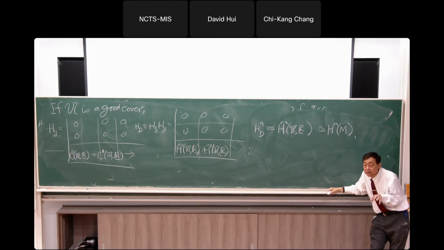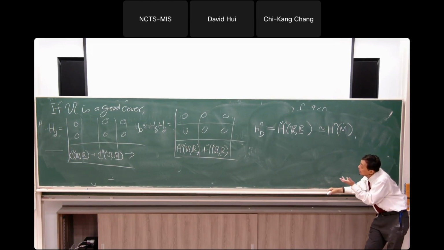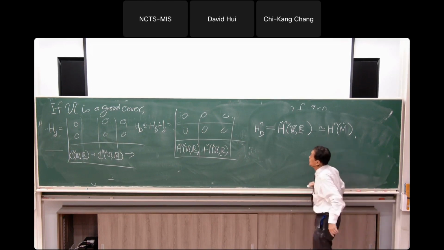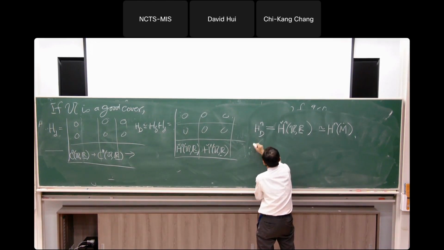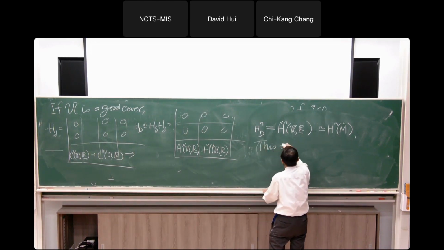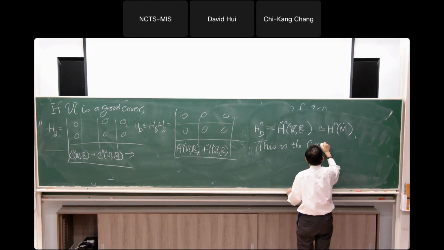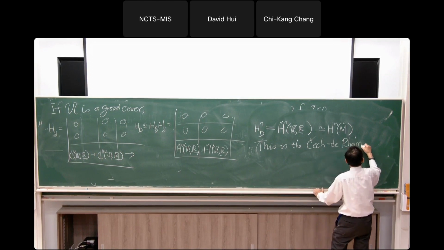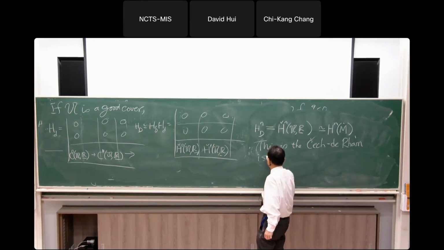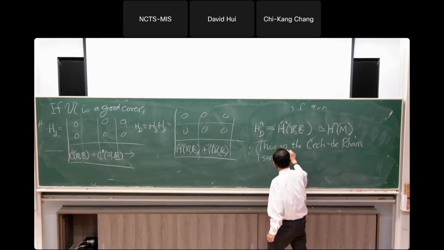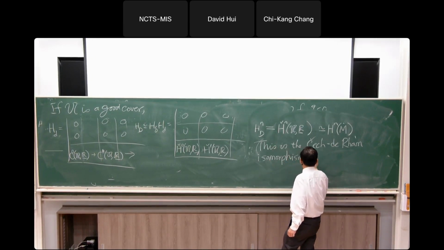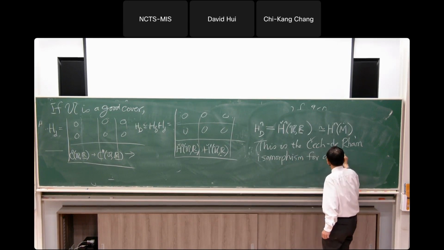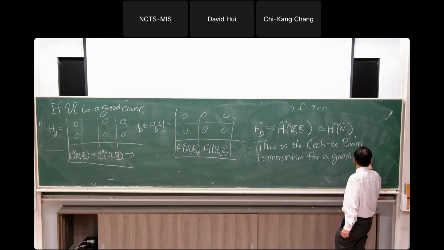So using the tic-tac-toe lemma, you get very easily the Čech-de Rham isomorphism for a good cover. Okay?